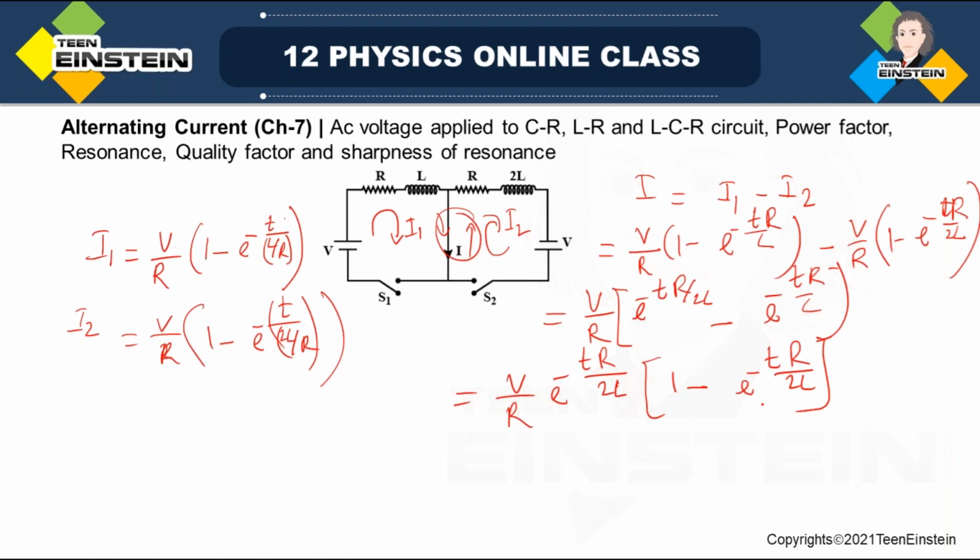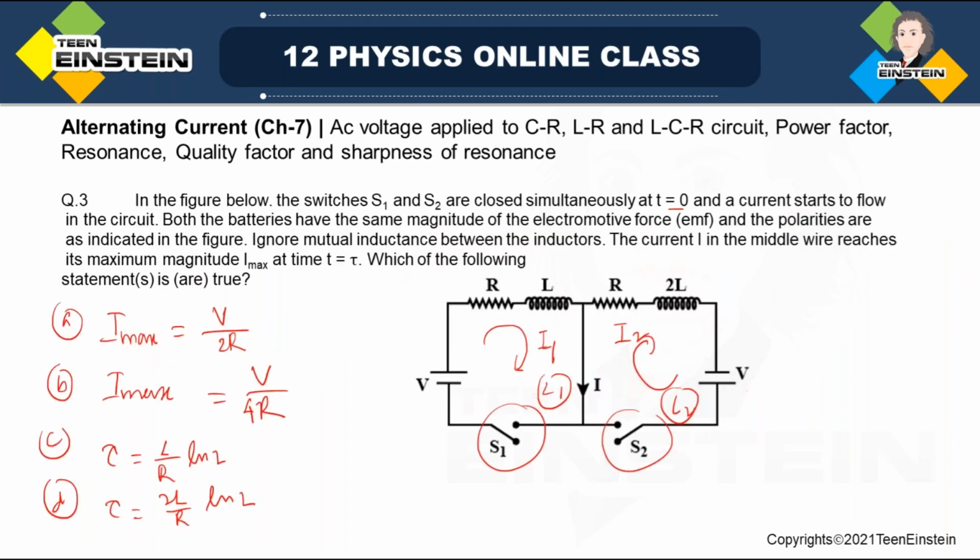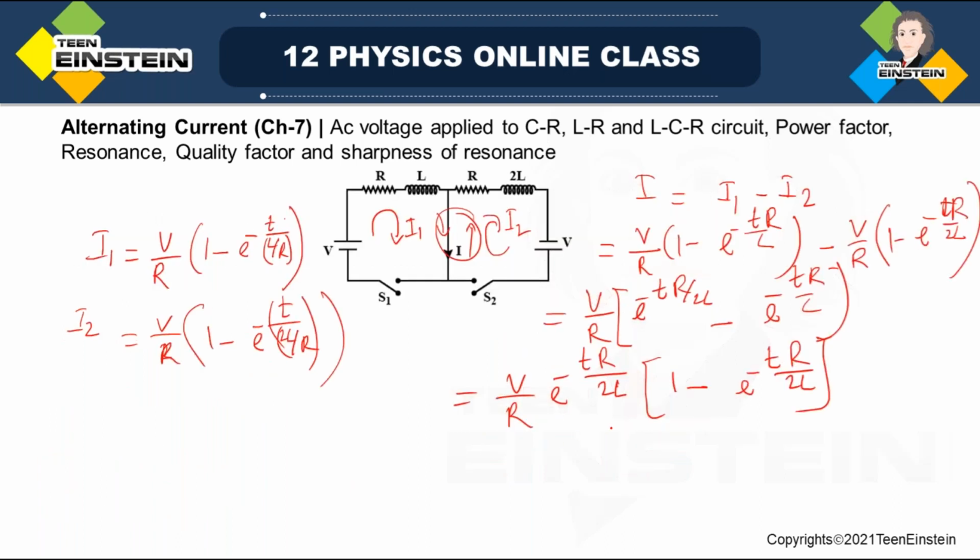Once we get this, what we can do for maximizing? The question was when it will be maximum. So there are two things: in this circuit, what will be the time constant and what will be the maximum value of the current?